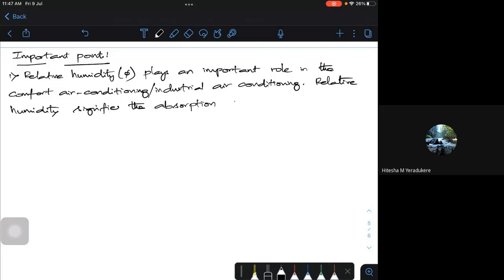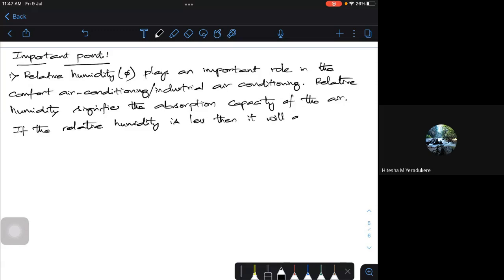If the relative humidity is low or less, then it will absorb more moisture, or vice versa.